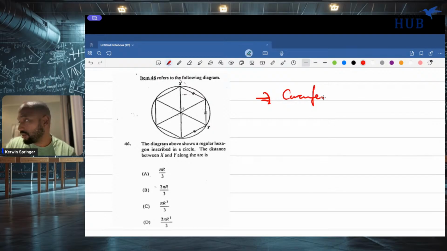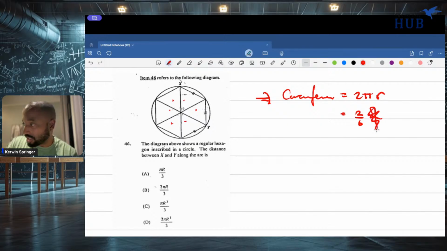circumference is 2 pi r, and that is like 2/6 of the circumference. If it's a hexagon, 1, 2, 3, 4, 5, 6, it's split up into 6 parts. So that's like 2/6 of, or change that to multiply 2 pi r. So 1/3.